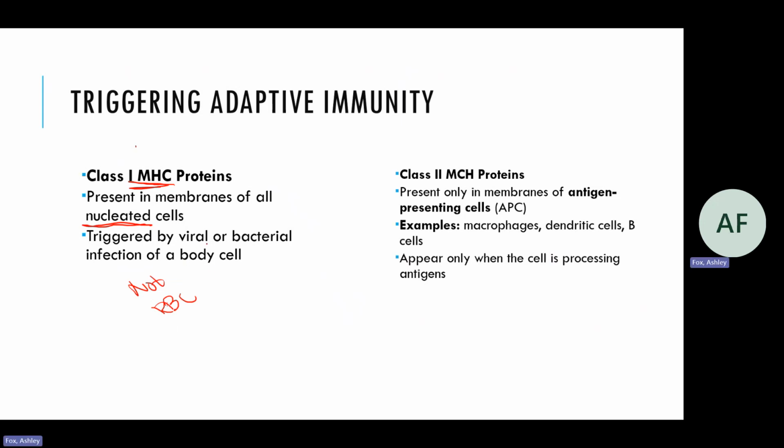So again, this is going to be a normal cell. Say it is a liver cell and you have a hepatitis virus. So you have a virus inside your cell. Well, the normal liver cell was going about its business, doing normal things, and all of a sudden the virus comes in and attacks it. Well, it's dead no matter what.